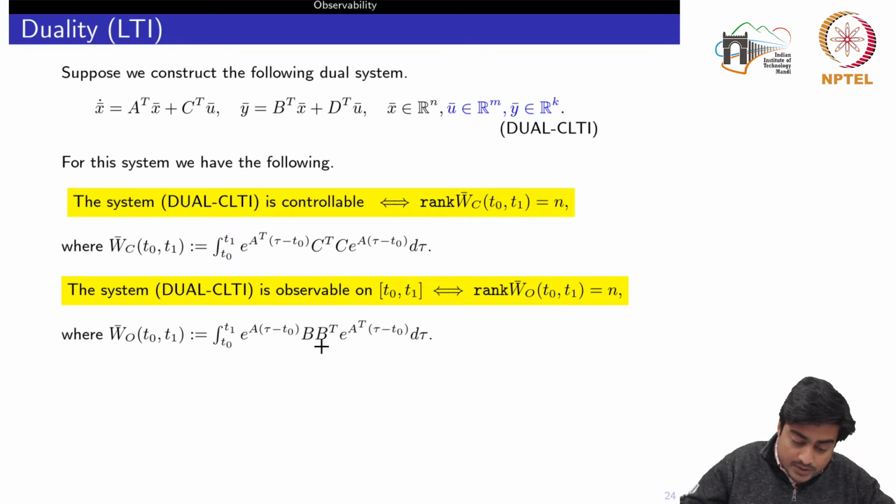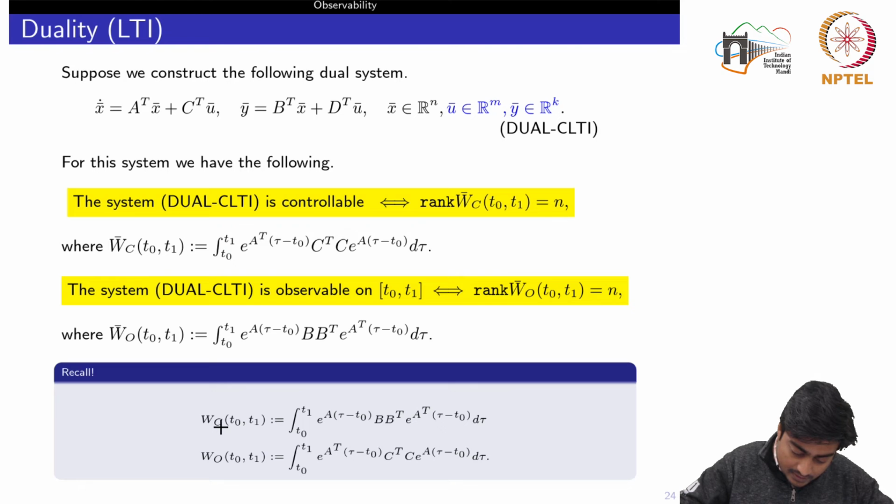Now let's try to see the relationship between this dual CLTI and the actual LTI system. Recall the controllability Gramian and the observability Gramian which we had seen in the last slide. I put them on the same slide so that we can easily visualize the relationship between the controllability of the original system and the observability of the dual system.